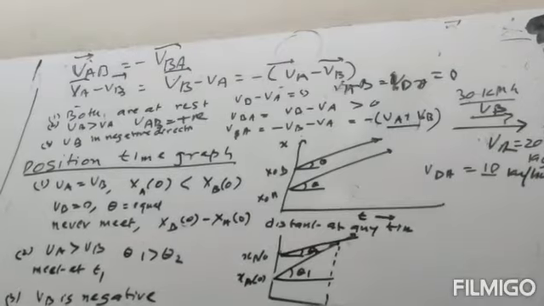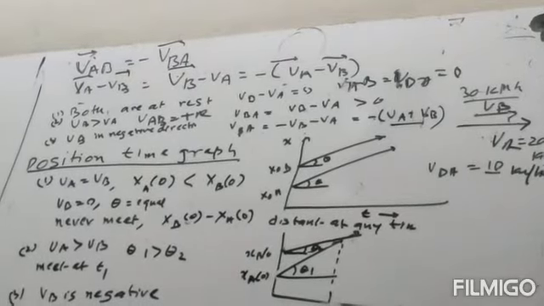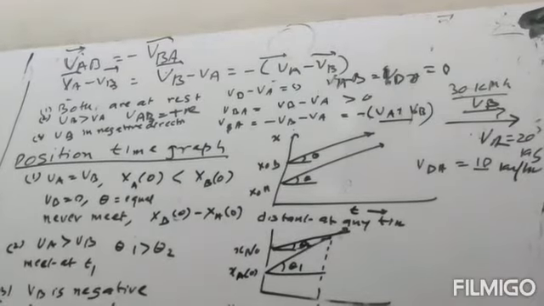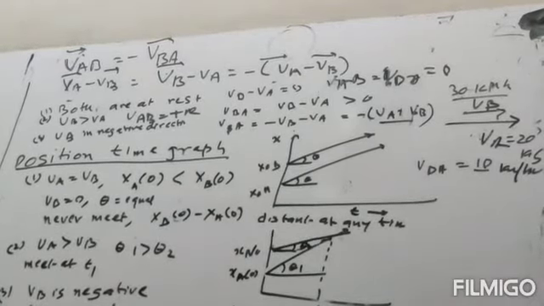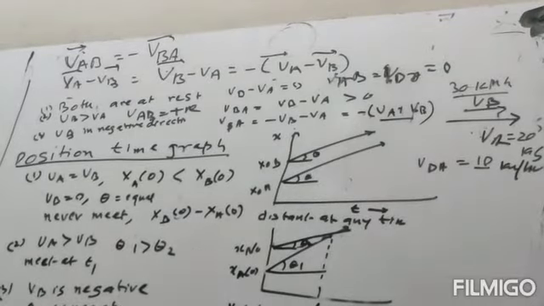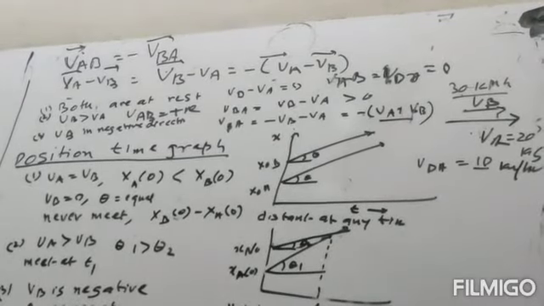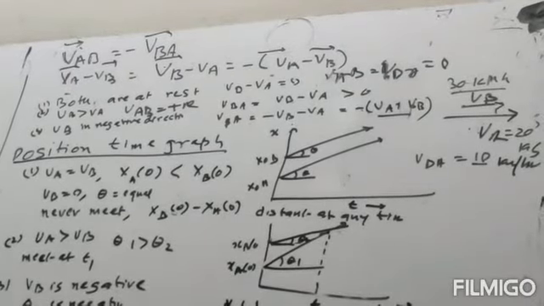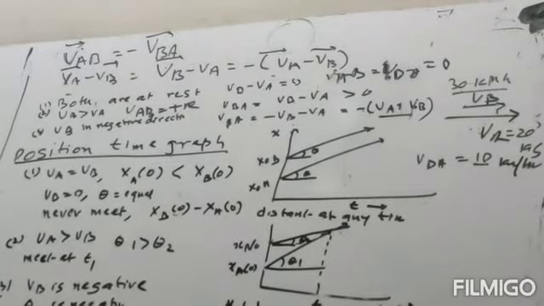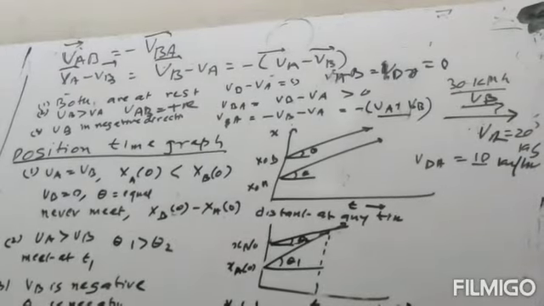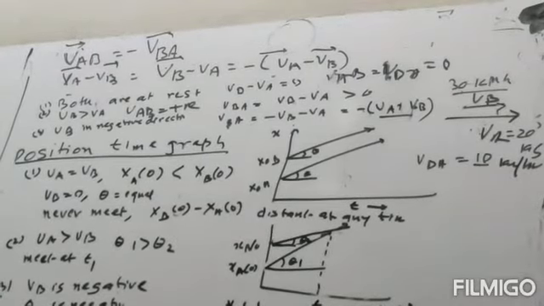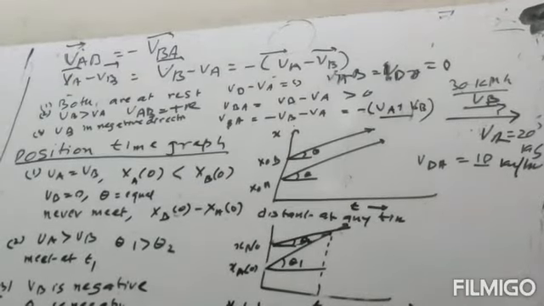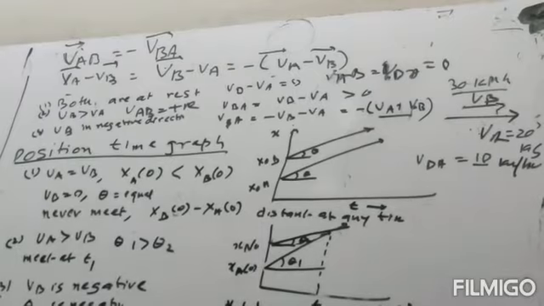Actually the position, the distance, the velocity, the accelerations all are relative. If we say the car is moving 30 km per hour, it is with respect to earth. So distance, displacement, velocity, acceleration all are relative. They are not absolute, they are always relative.